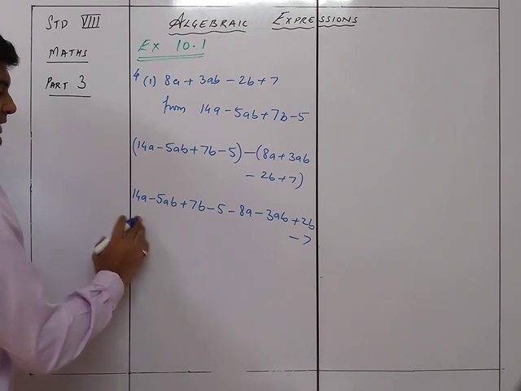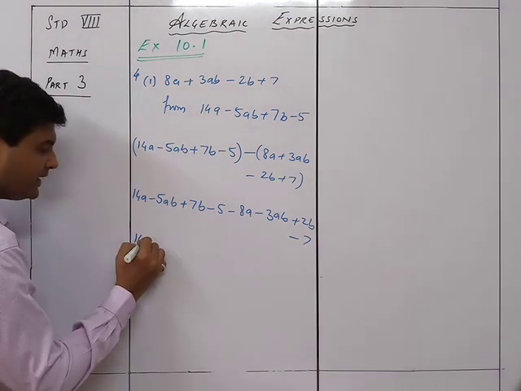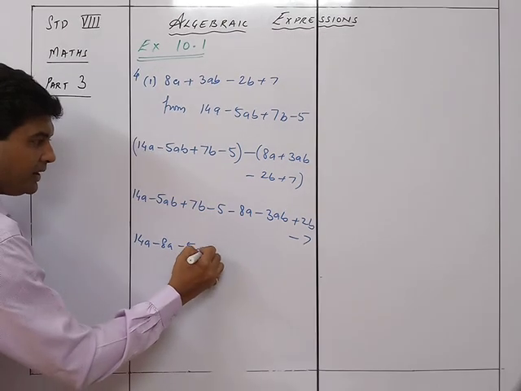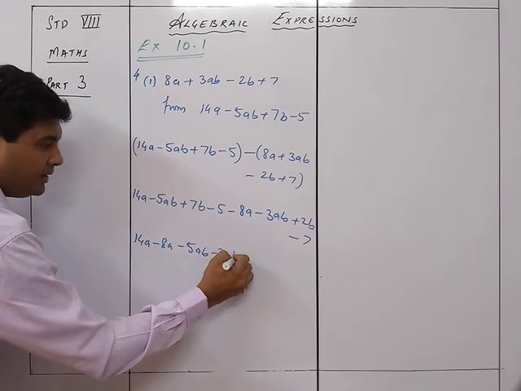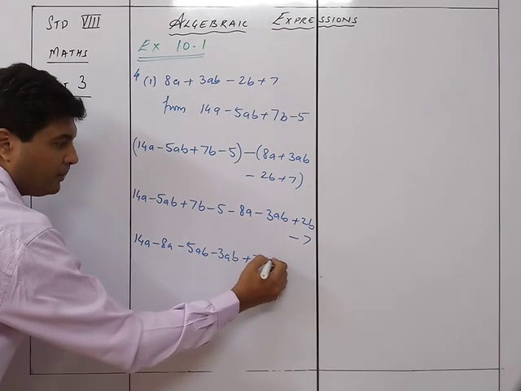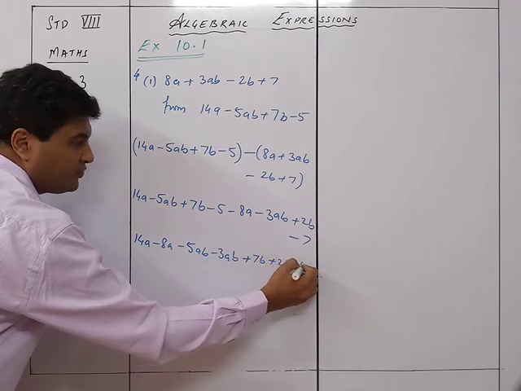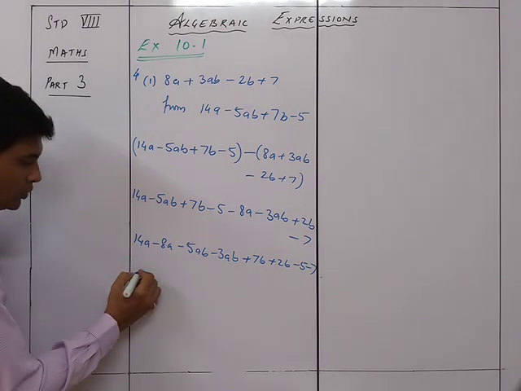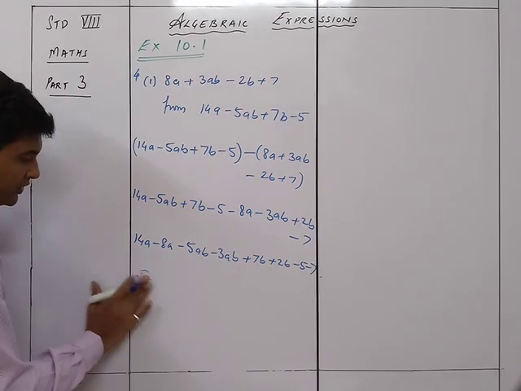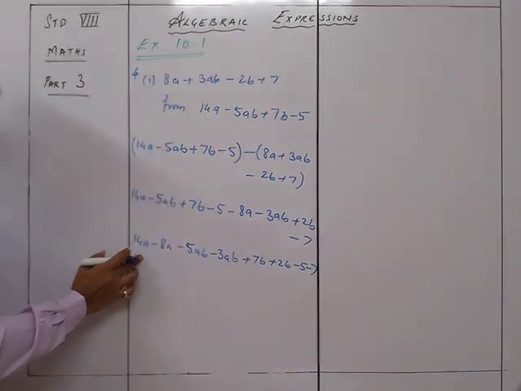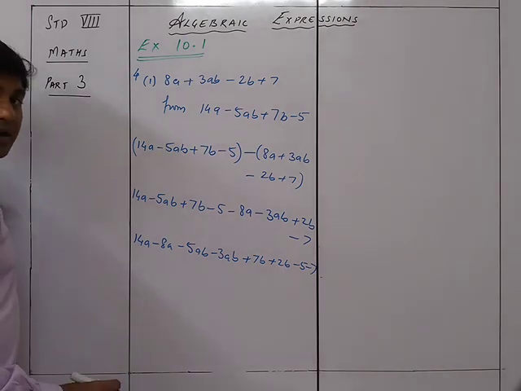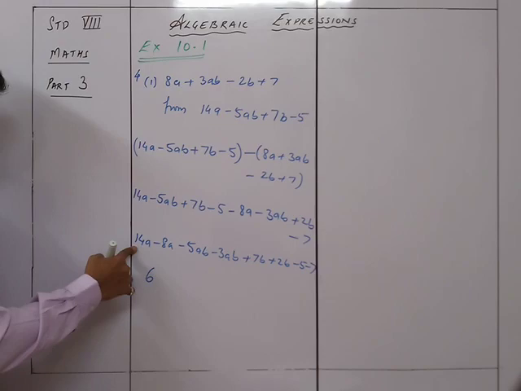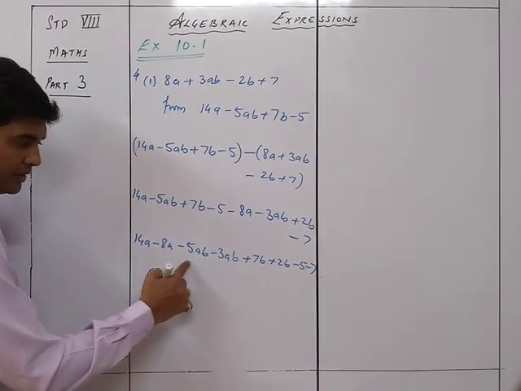Bringing the like terms together: 14a minus 8a minus 5ab minus 3ab plus 7b plus 2b minus 5 minus 7. So 14 minus 8 is 6, and the sign of the bigger number is positive, so 6a.